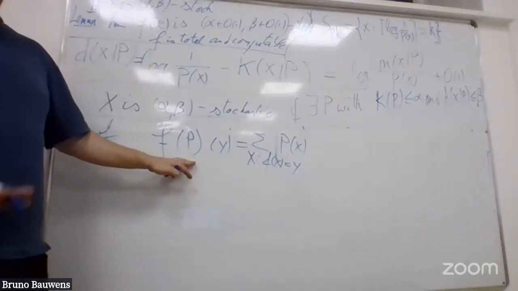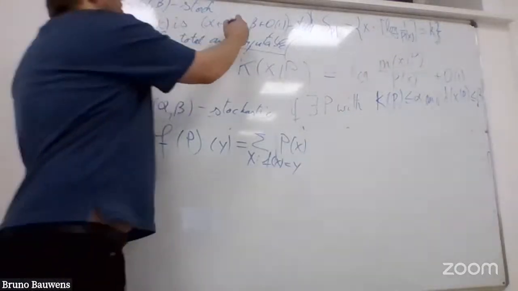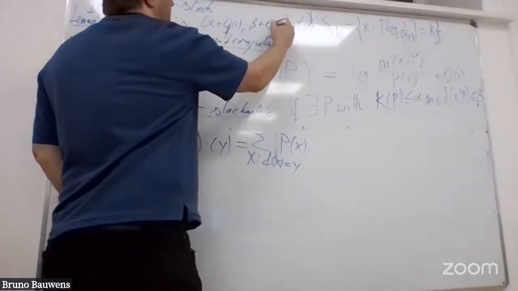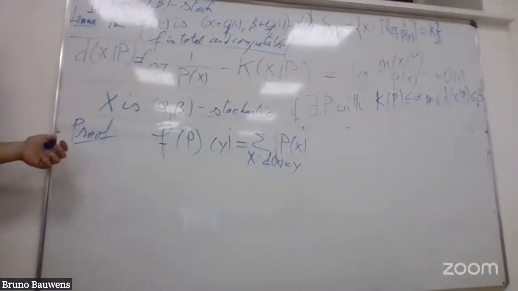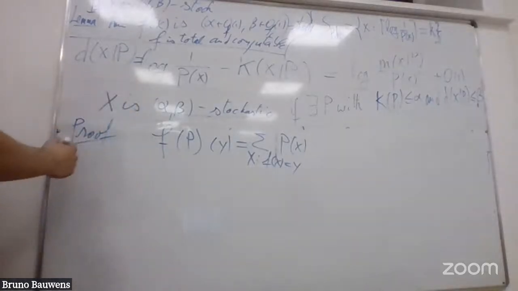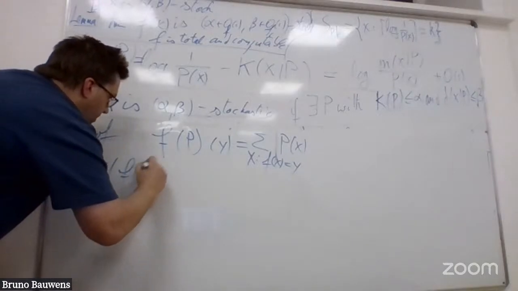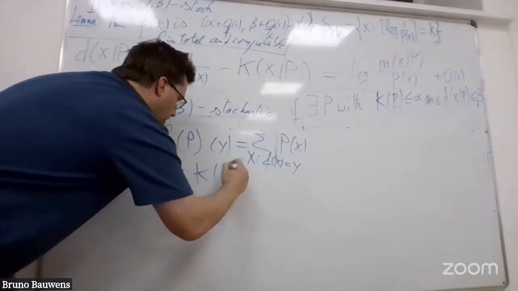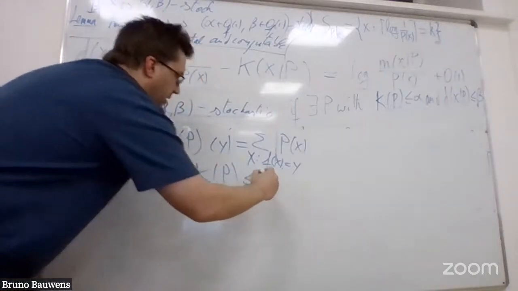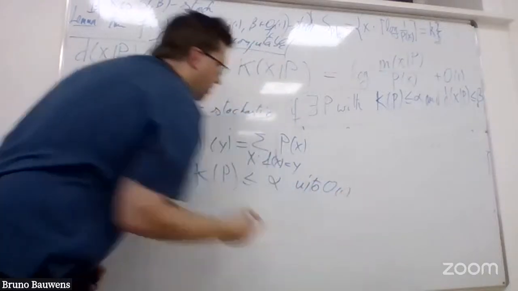And so f is a fixed function, so a constant depends on f here but not on p. So it is a fixed procedure we can perform. So we understand that the complexity of f of p is smaller than the complexity of p, which is smaller than alpha, all up to alpha.